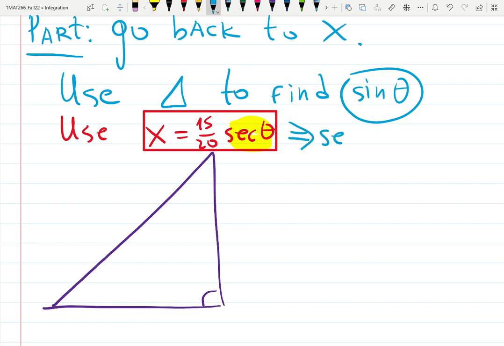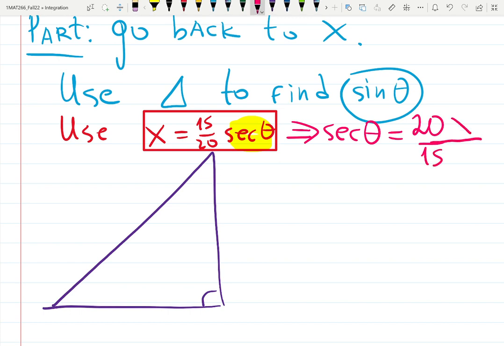So secant, let me put it in pink. It's Wednesday, right? Secant theta is 20x over 15. Let's write it down this way, it will be important. Because we want the ratio, opposite versus adjacent situation.